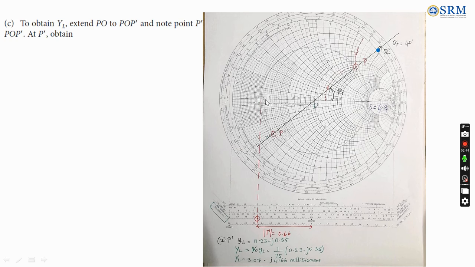Here, it is 0.23 minus j, and the reactance is 0.35 because it is lying between 0.3 and 0.4. To find the actual load admittance, we have to denormalize by multiplying with the characteristic admittance, which is the reciprocal of characteristic impedance here. The answer is written in millisiemens or millimhos also.